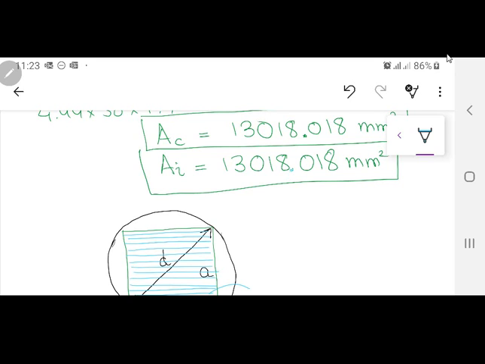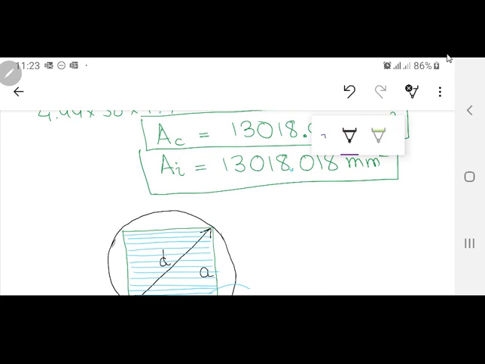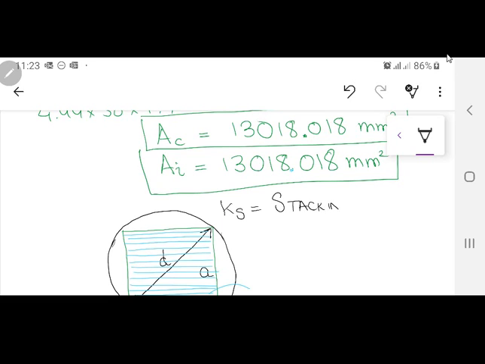Now, you have found out that your net iron area is 13018.018 millimeter square. Now, before I proceed on, there is a factor which is called Ks, and we call this one the stacking factor. A factor which tells you that your actual area is how much less than the given area.